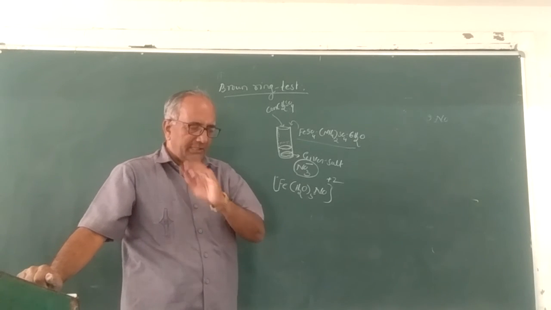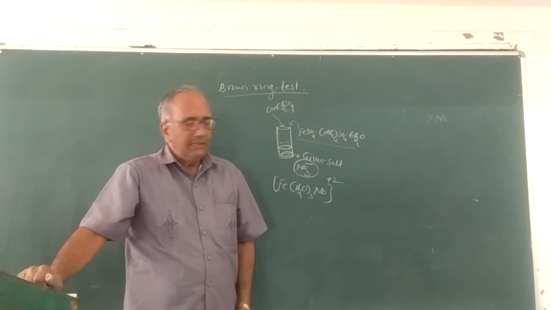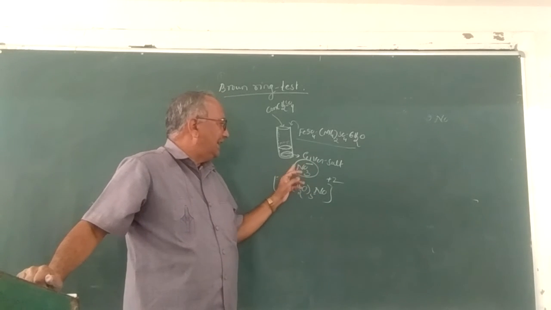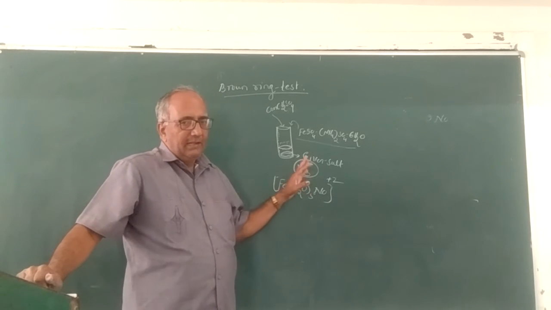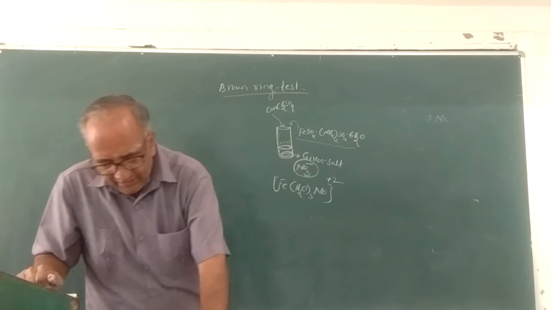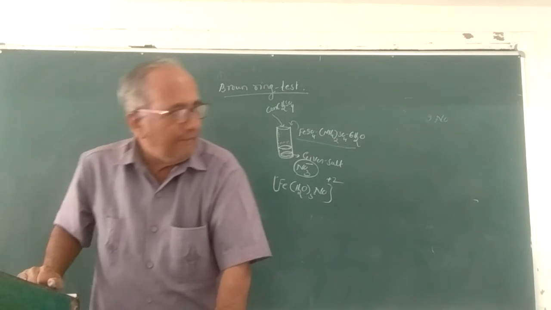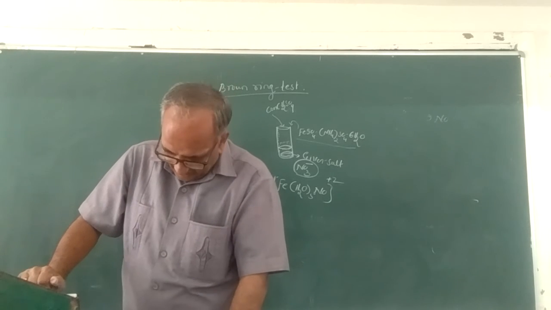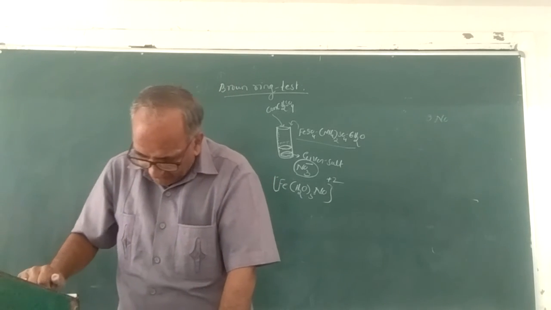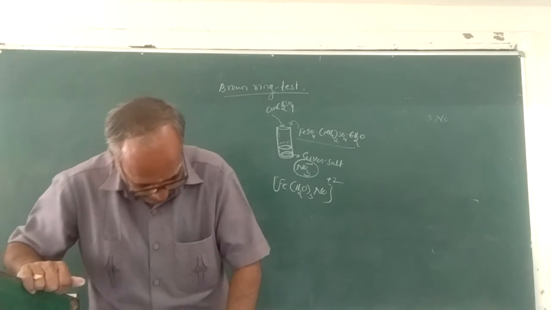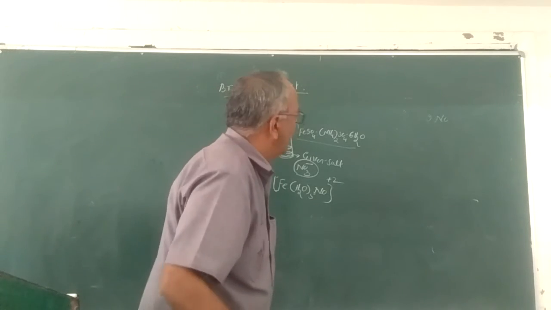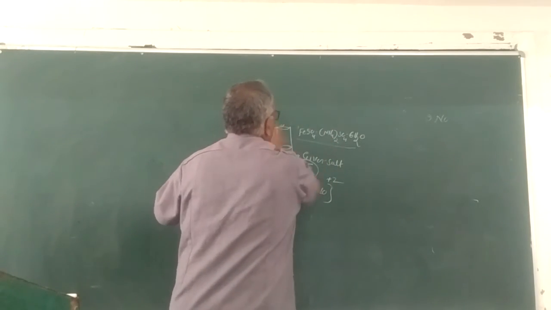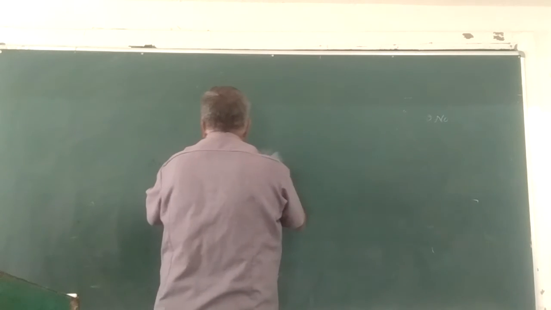If there is a brown ring, the given salt must contain the nitrate radical. If the salt does not contain the nitrate radical, there is no production of the brown ring. So these are the chemical properties of nitric acid.